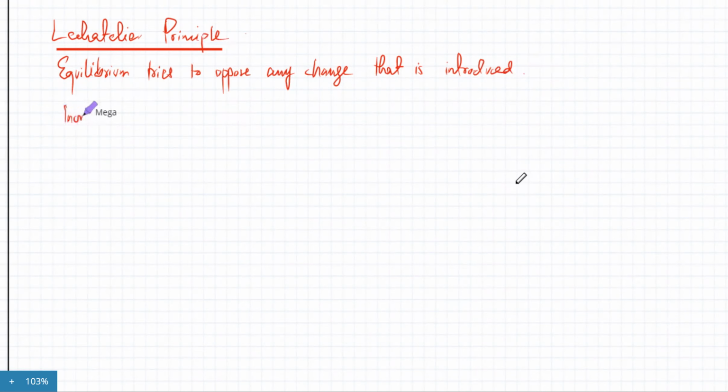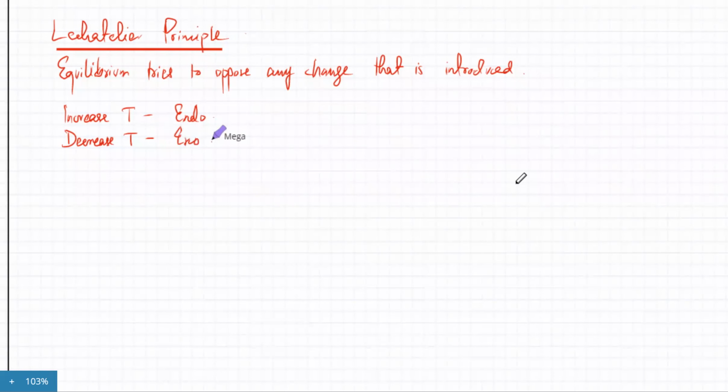you increase temperature, it's going to favor the endothermic reaction. I'll just write endo. You decrease temperature, it will favor the exothermic reaction. You increase pressure, which means you are compressing, it will decrease volume and produce less gas, or favors the less gas mole side.